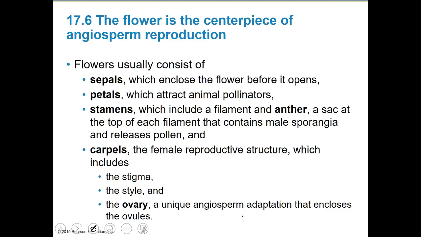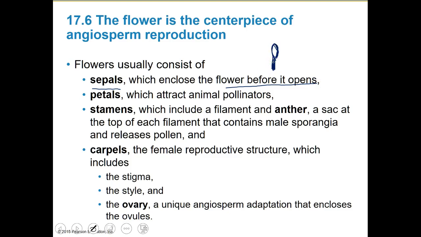Here's some important stuff. This is another part of the plant life cycle, but there are some things we need to know about how flowers and angiosperms reproduce. Flowers consist of sepals, and these enclose the flower before it opens. This is like when you see the flower about to bloom. I'm going to give you a terrible picture there.